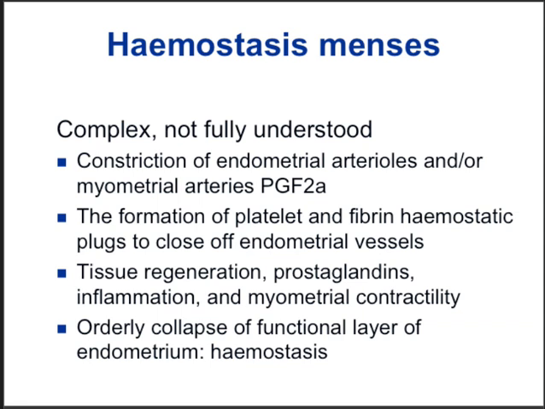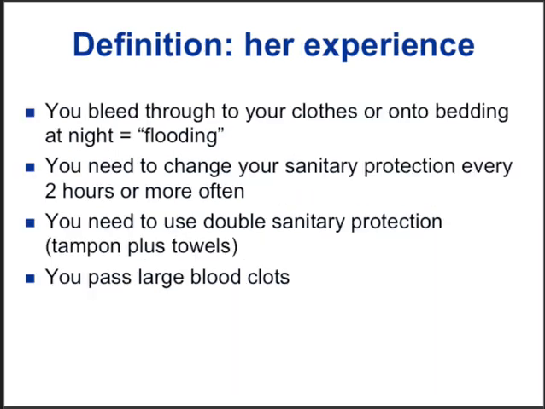There takes tissue regeneration place. Prostaglandins and inflammatory cytokines result in myometrial contractility. And if that works all well, then there is an orderly collapse of the functional layer of the endometrium and hemostasis is achieved. What is the definition of heavy menstrual bleeding?